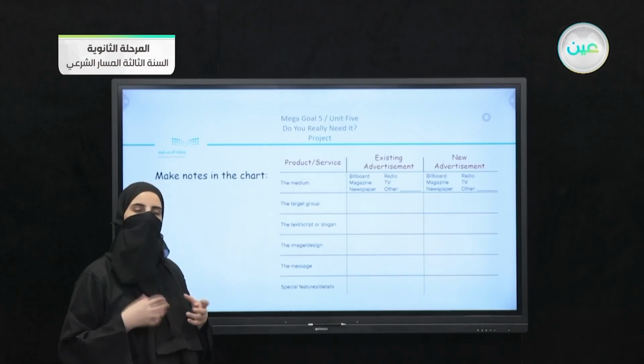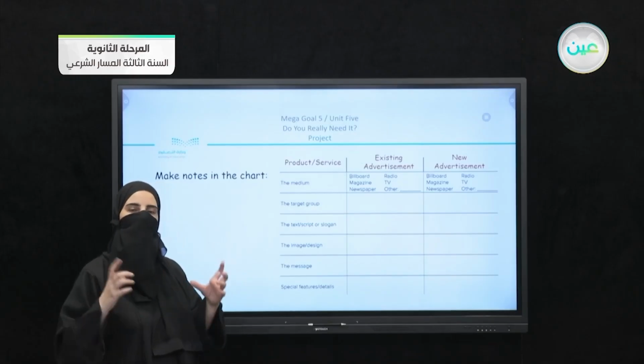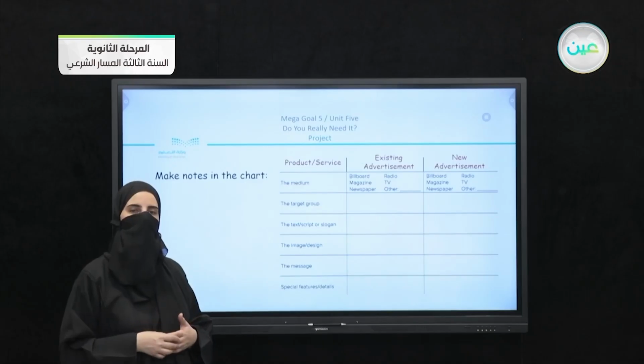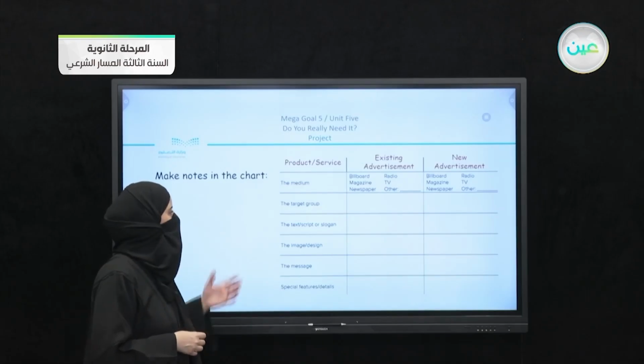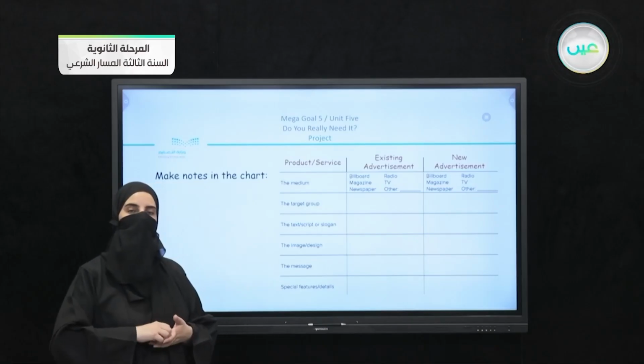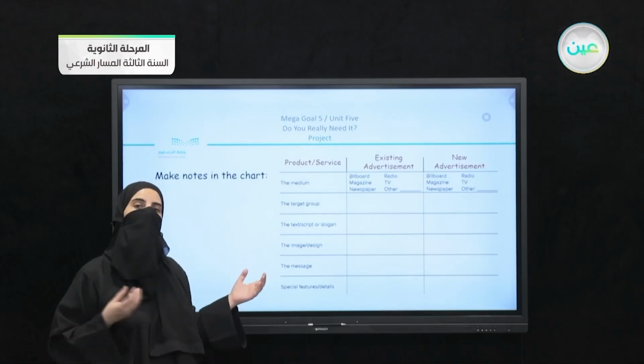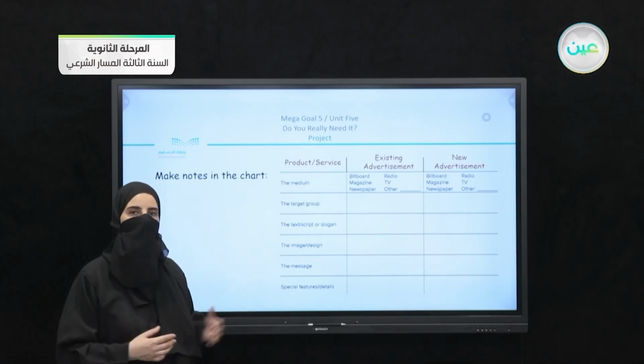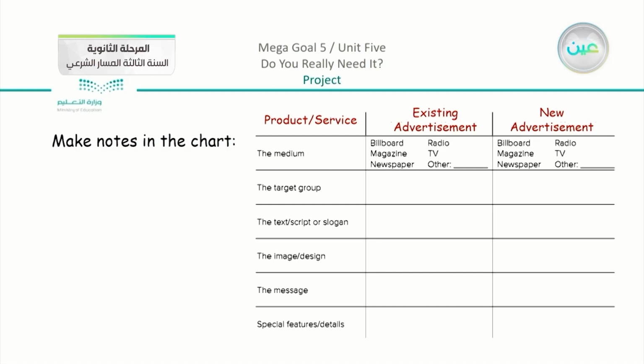So here you're going to see what the script is, or what is written in general, what is the message that we have. The image or the design. So it depends on the product. You are going to write also what images or designs are used. The message in general, what is the aim here? And we have here special features or details if you're going to add.